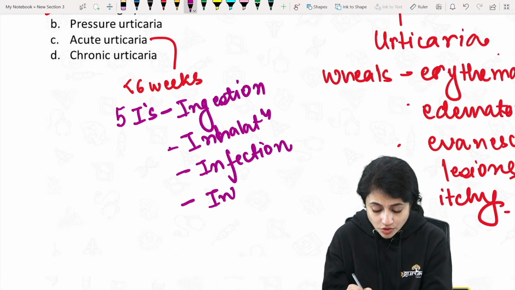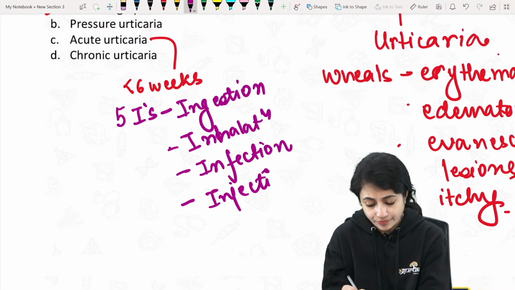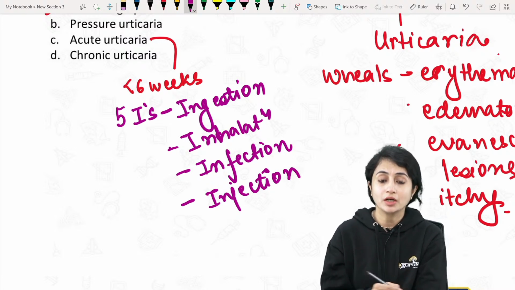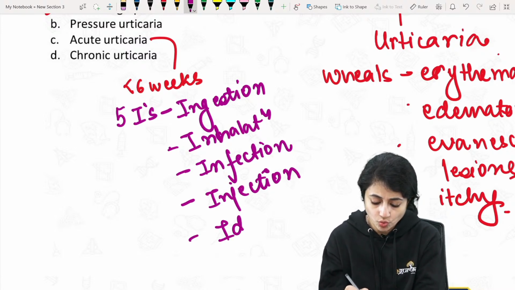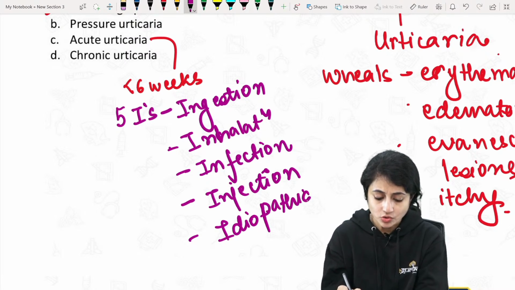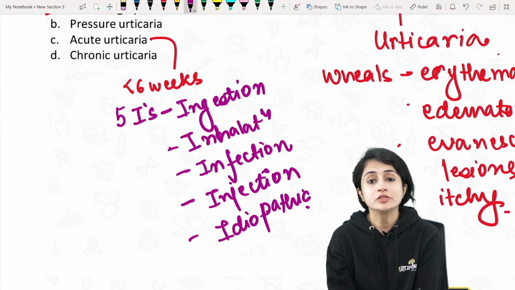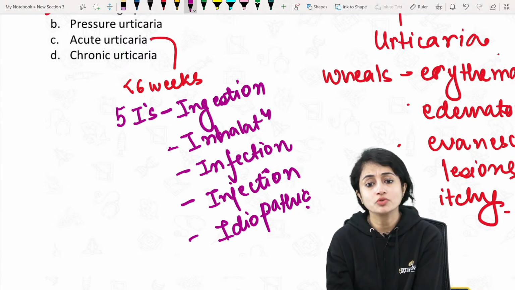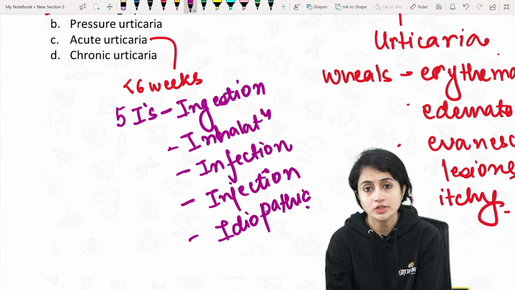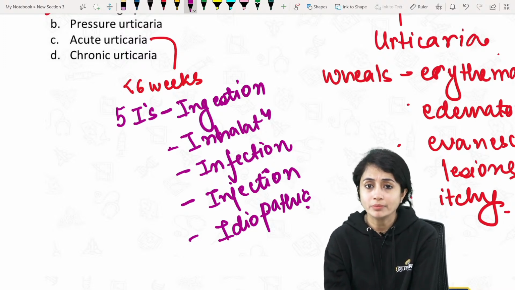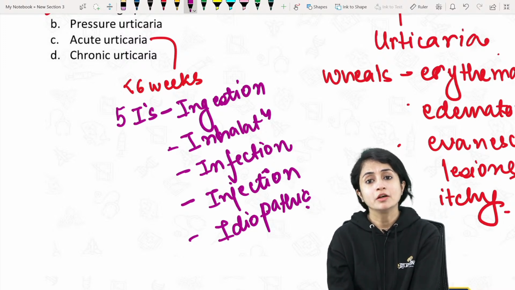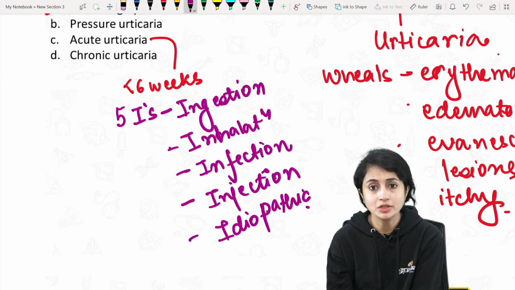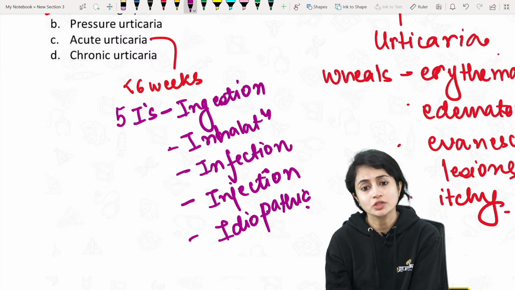You take some medicine and that gives you urticaria, or you do not know what it is, idiopathic. So acute urticaria is usually of less than 6 weeks duration, and the common causative agents are remembered by the help of a mnemonic 5 I's: ingestion, inhalation, infection, injection, or idiopathic.